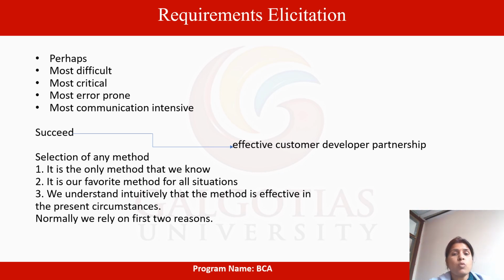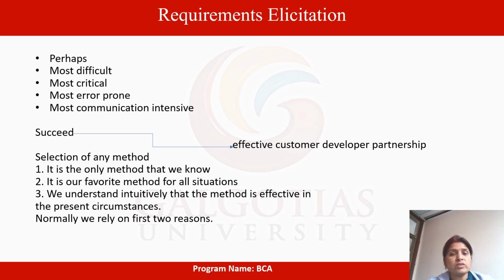If I say requirement means what? Requirement for what you want. So this is the way we are framing the questions, and your way of talking should be such that it is easily understandable by each and every person.